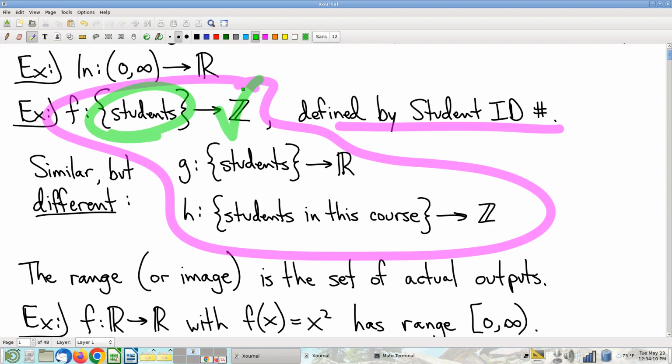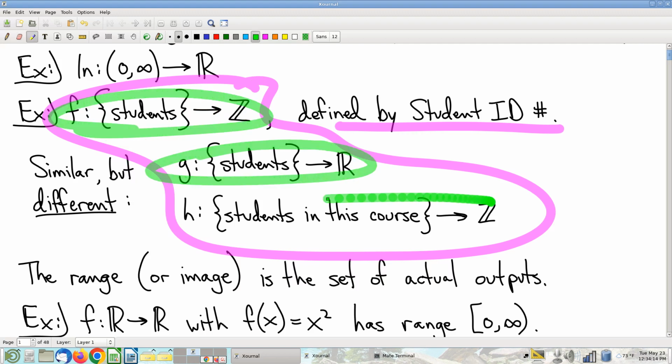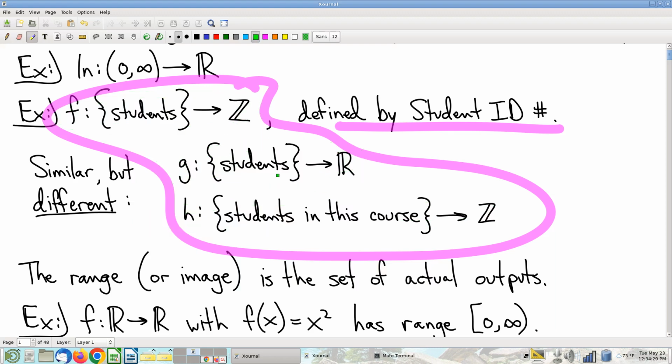Okay. Now, why is it that we have 3 differently named functions here if they're all the same formula, you want to say, namely rule of assignment, namely, look, just give me the student's ID number? Why do we have to give them 3 separate names? Well, you'll notice here, these 2 functions, f and g, have different targets. And that's fine.